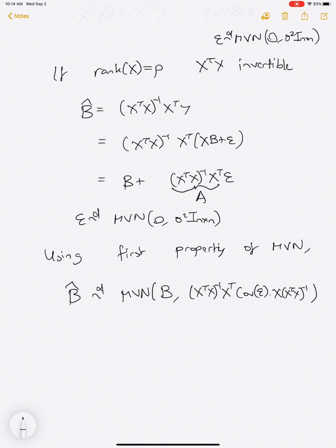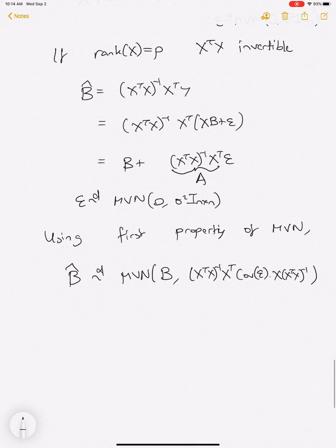This is using that second property. And so we know that the covariance of epsilon is equal to sigma squared I.